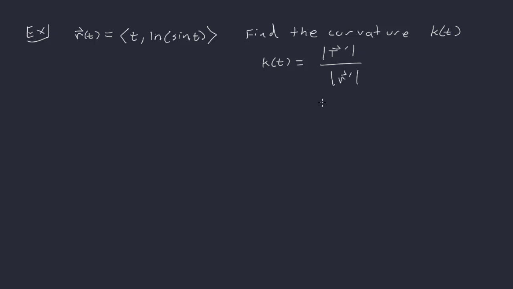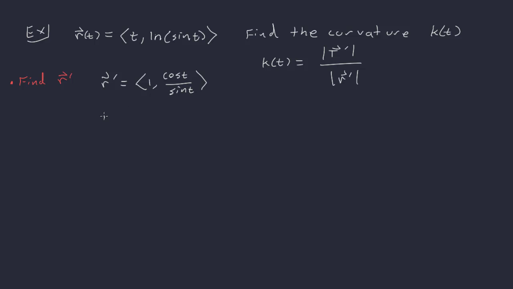So, all right, there are a lot of things we need to find. First we need to find r prime. Well, we just differentiate term by term. So r prime will be 1, comma, now it's the natural log of stuff, so that will be the derivative of the stuff over the stuff. So it will be cosine t over sine t.